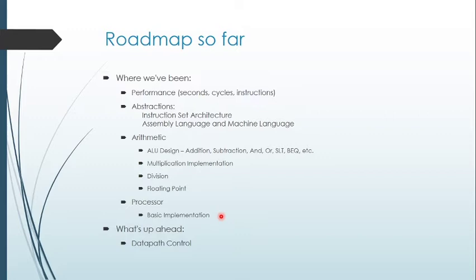That implementation includes a subset of the whole instruction set, not all the instructions, but some of the basic and important instructions. We can add more instructions to it as an assignment for you. And what's up ahead that we are going to do today is data path control.